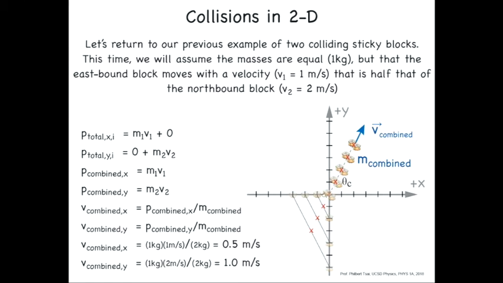So when we had this collision that came in, one coming to the north and one coming to the east, we found that they stuck together and they went off at some angle, right? And we calculated that by looking at the individual components. But another way to look at it is that since there's no outside forces, it's sliding on a frictionless surface, and we're looking at these 2 blocks that come in and go out together, right?